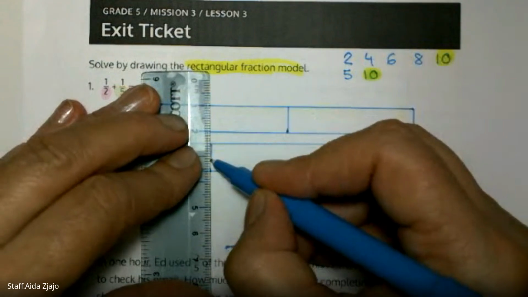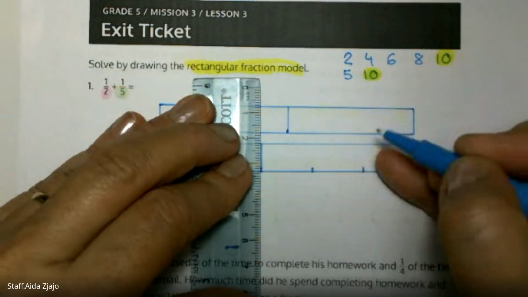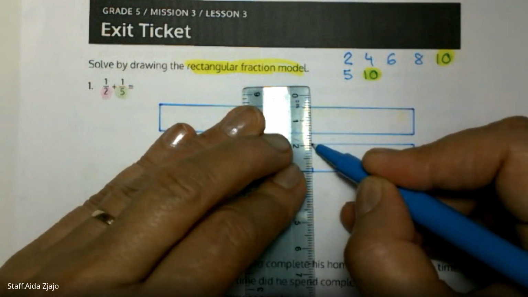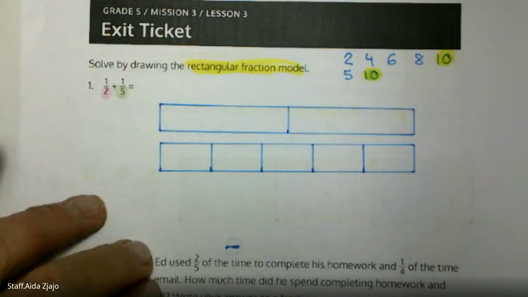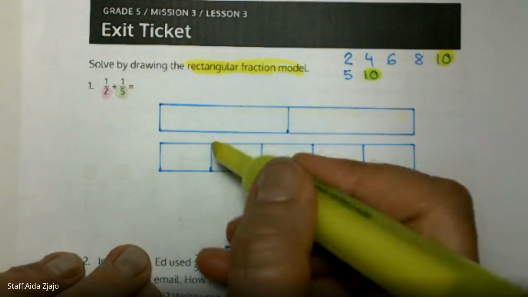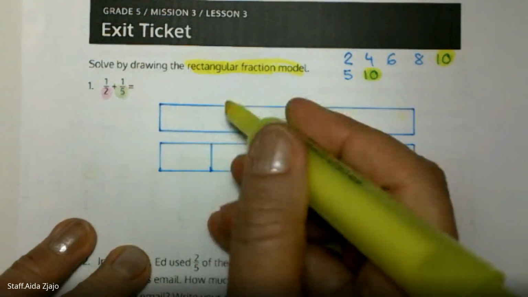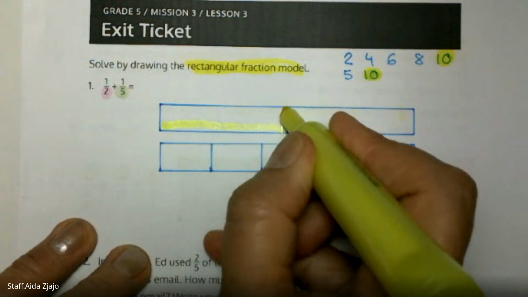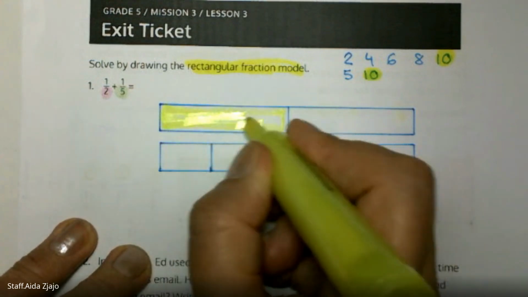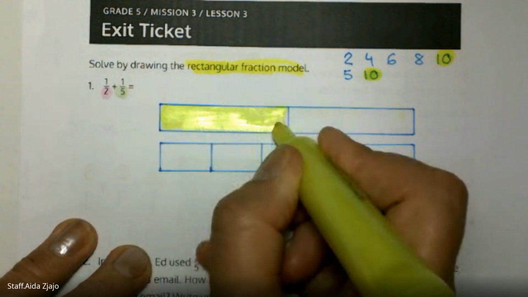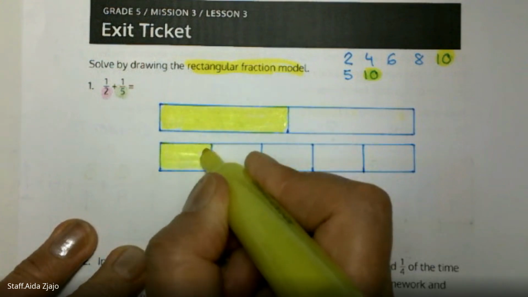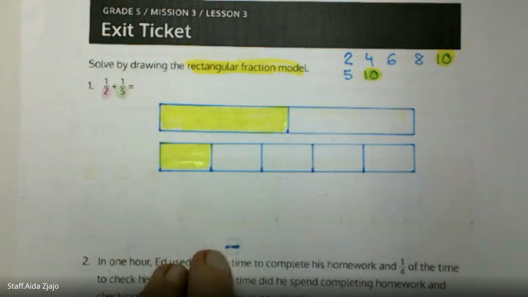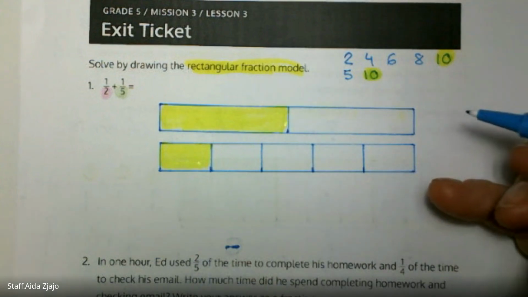So the other whole is going to be 5 pieces. So if I highlight this as my half, and this to be 1/5, I need to add these 2 parts together. They're not the same size, so I have to make them the same size.